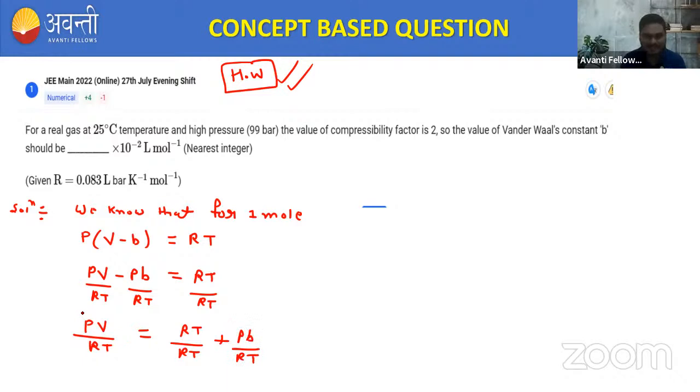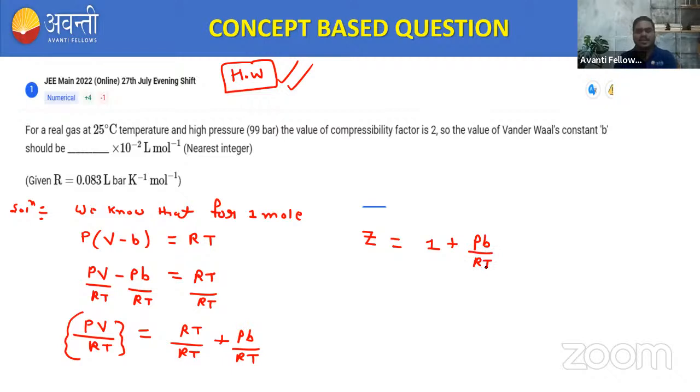So this is what we have. We all know that ना बेटा, PV upon RT is what? PV upon nRT, याद आ रहा है किसी को? What is PV upon nRT? PV upon nRT is nothing but the compressibility factor, that is Z.